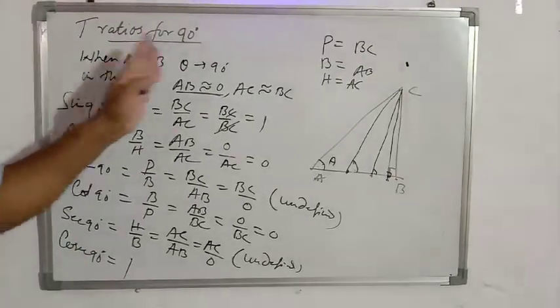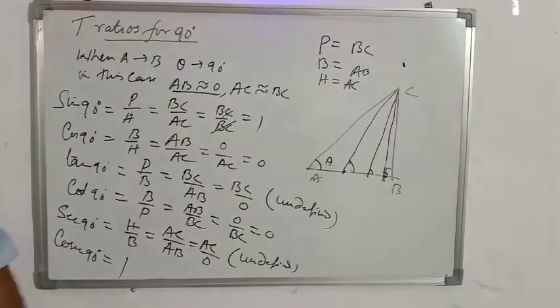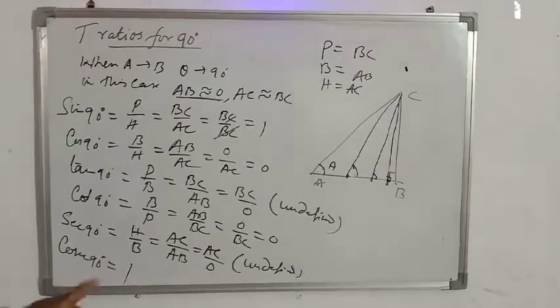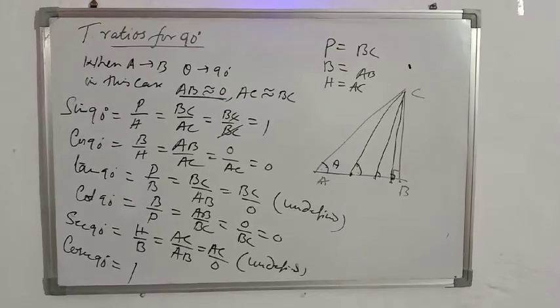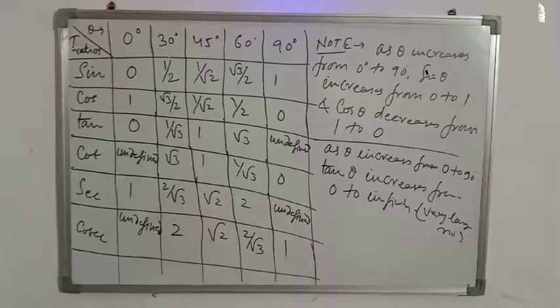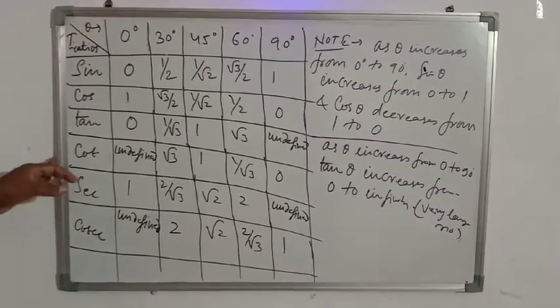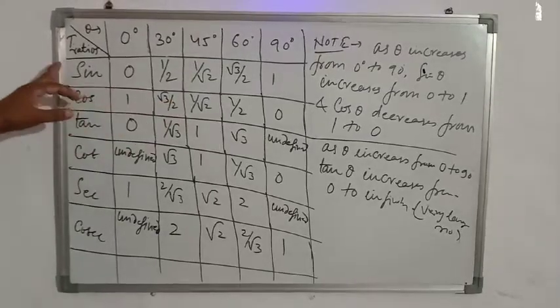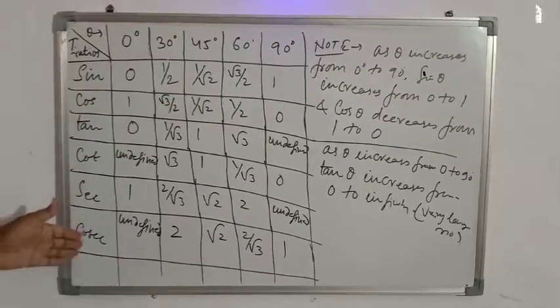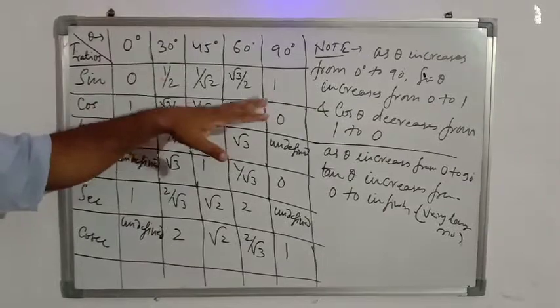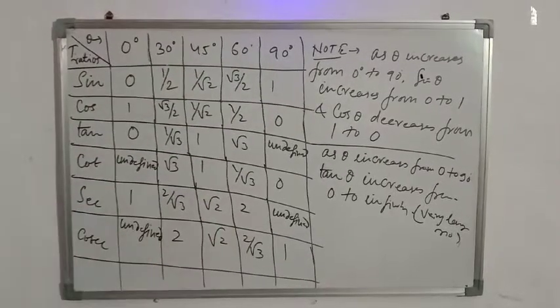Now we will summarize these values in a tabular form. See this table. Here values of trigonometrical ratios for 0 degree to 90 degree are summarized in tabular form.